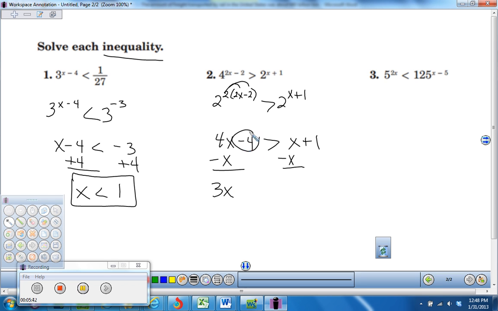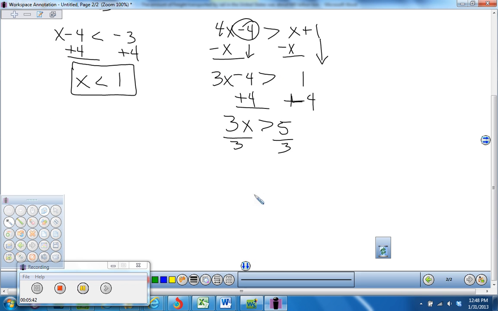Get 3x, bring down the minus 4, is greater than 1. Okay, add 4 to both sides. So we end up with 3x is greater than 5. Divide both sides by 3. And we end up with x is greater than 5/3.